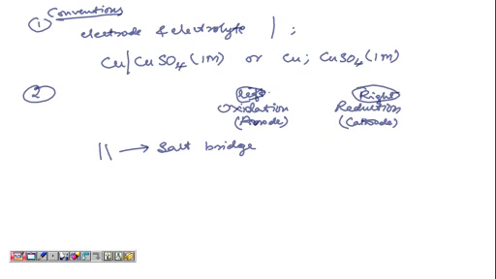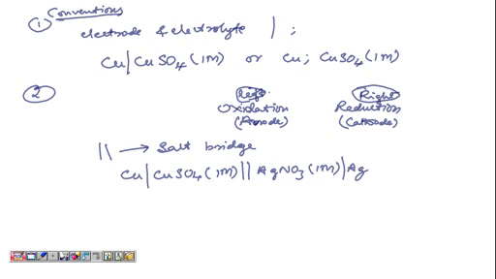The overall cell can be represented, for example, if you use the silver nitrate and copper sulfate cell, as copper in contact with copper sulfate, double line, that is the salt bridge, silver nitrate AgNO3, 1 molar, in contact with its metal silver. So the complete cell is represented like this. Here, when the copper electrode is present along with the silver nitrate electrode, the copper acts as the left hand side electrode, that is, the oxidation electrode.